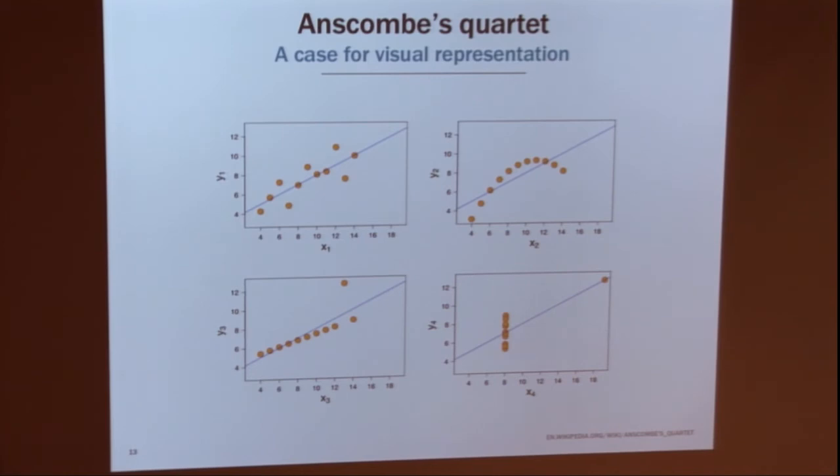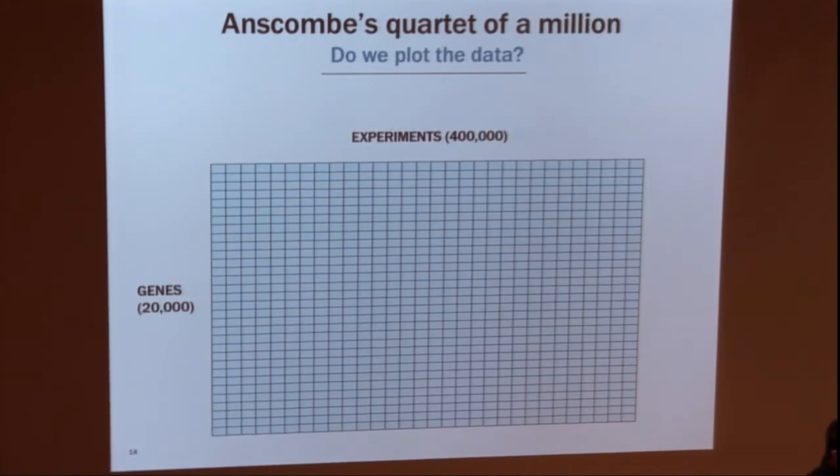For example, the KS statistic can't tell the difference between a few genes that correlate very strongly versus many genes that correlate mildly. We might get the same connectivity score in that case. But the real question is, what do we do with the Anscombe's quartet of 500,000 columns? Do we still try to plot it to get some overview?